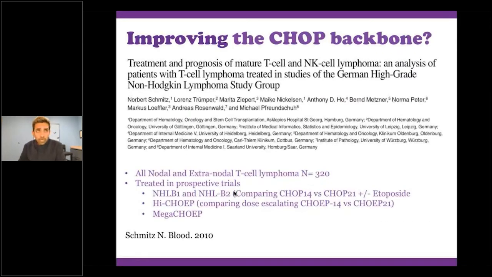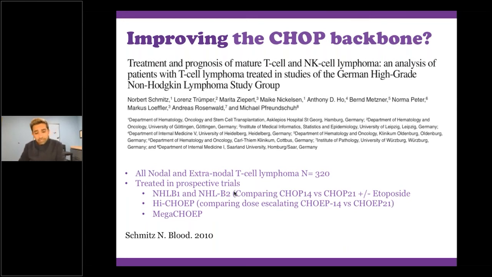So again, we know that CHOP did not produce as good an outcome in patients with T cell lymphoma like it did in patients with B cell lymphoma. So there have been a lot of efforts going on for the last several years to try and better the CHOP chemotherapy backbone.